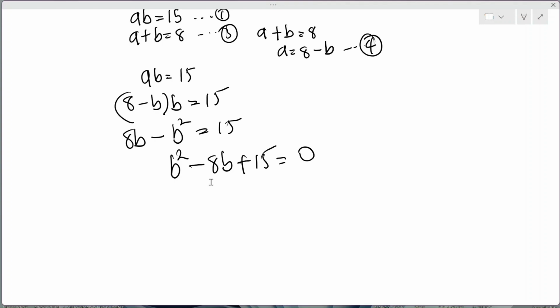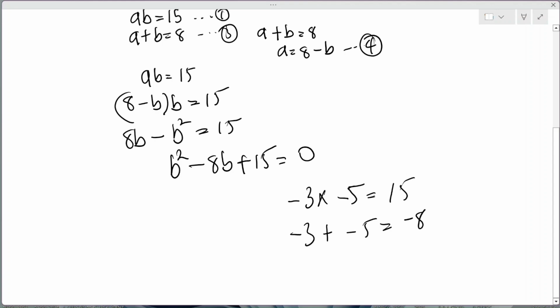Now we have 15 times 1 can be 15, but the best fit to this is 3 and 5. You have minus 3, minus 5. If you do minus 3 times minus 5, you get plus 15, because negative times negative is positive. 3 times 5 is 15. Now if you take minus 3 and minus 5 and you add them together, they give you minus 8.